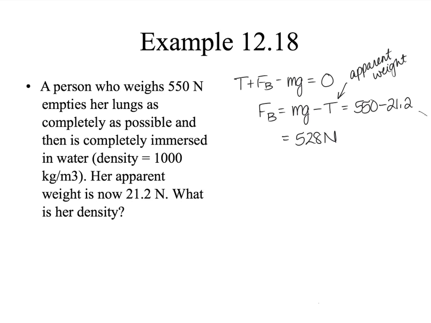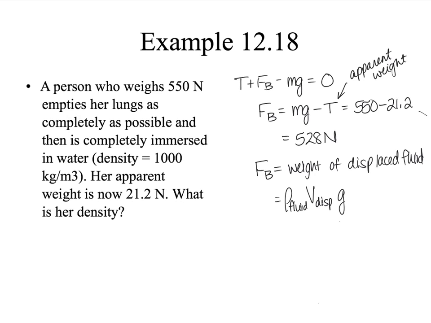Now, the buoyant force is equal to the weight of the displaced fluid, which is equal to the density of the fluid times the volume that's displaced times g. Well, now we'll be able to figure out the volume that's displaced.